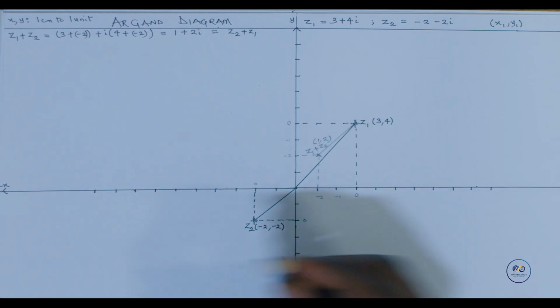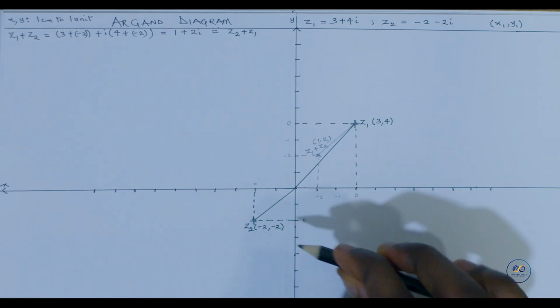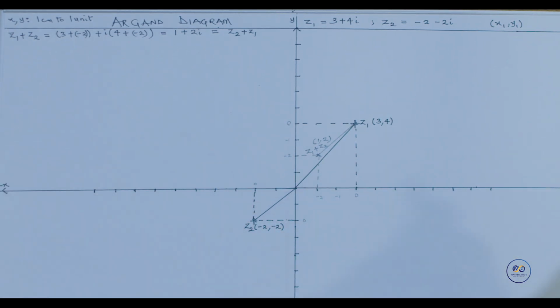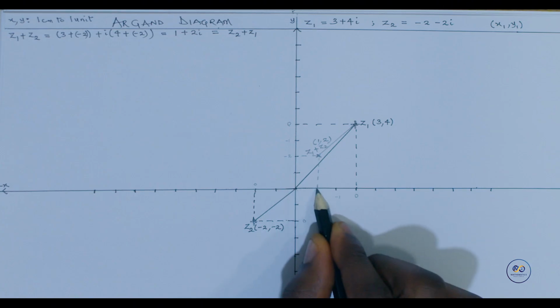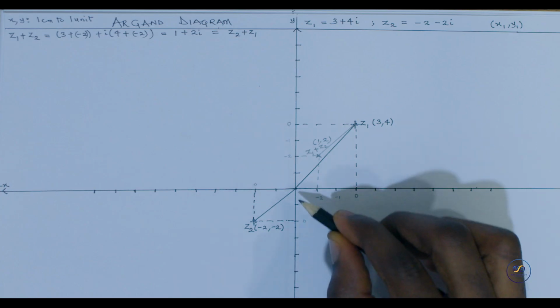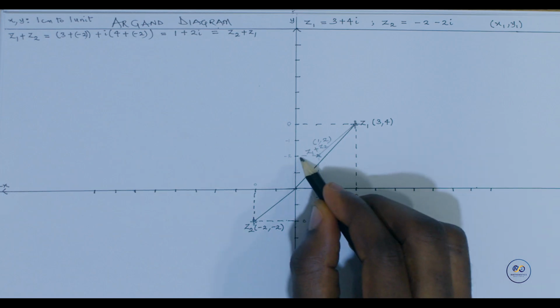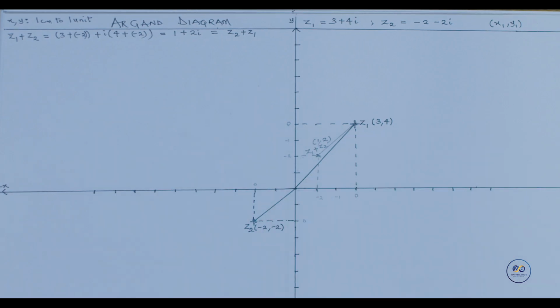Then in order to plot Z1 on it, don't forget Z1 is 3, 4, it should have been on the x-axis 1, 2, 3, and then on the y-axis it would have been 4. So that would have been 1, 2, 3, 4. So you see that 3 to 4, I would still have the same connection, right?